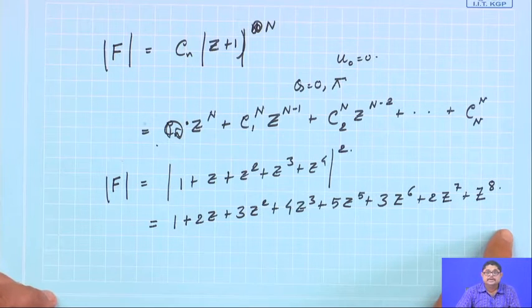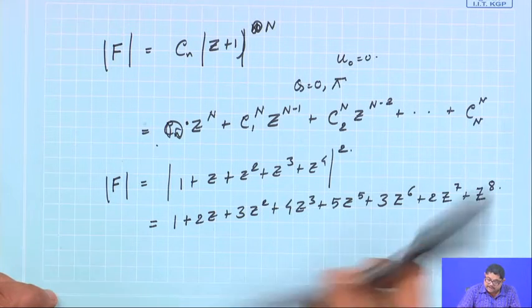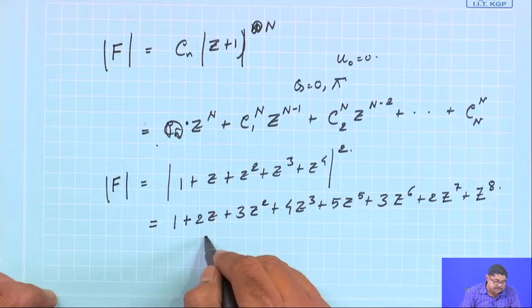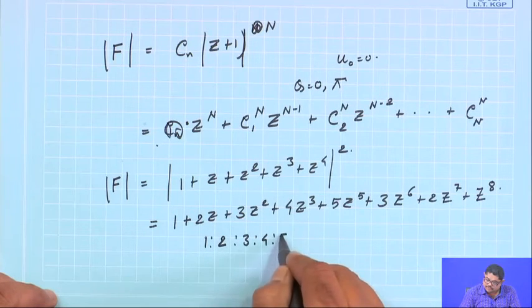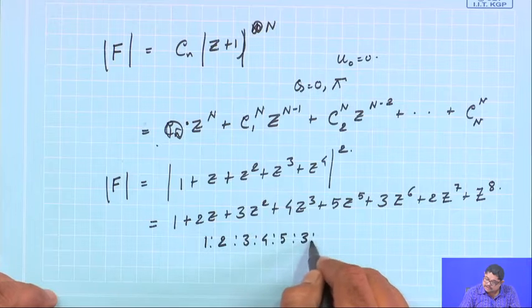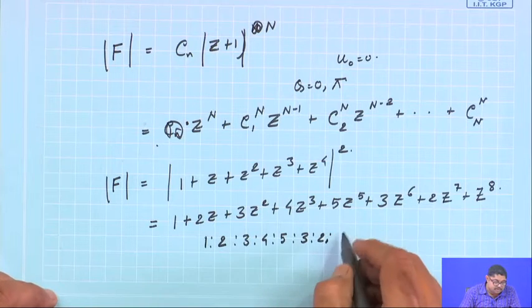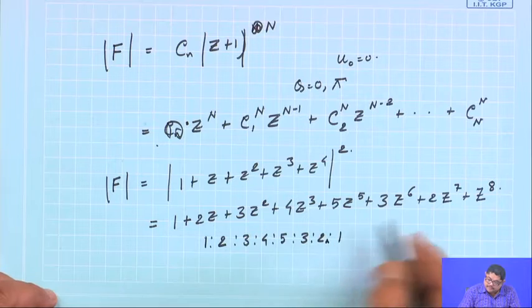So, this becomes a 9 element array with a triangular distribution of excitations, 1:2:3:4:5:4:3:2:1.